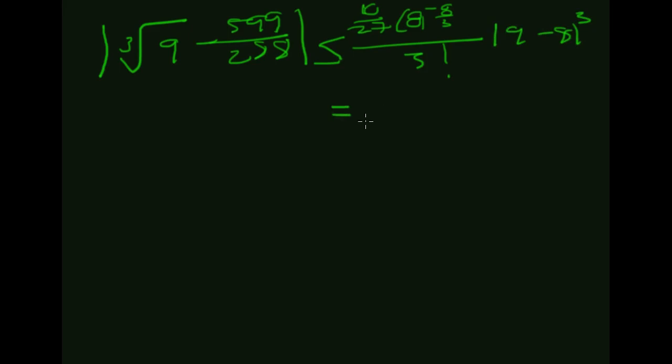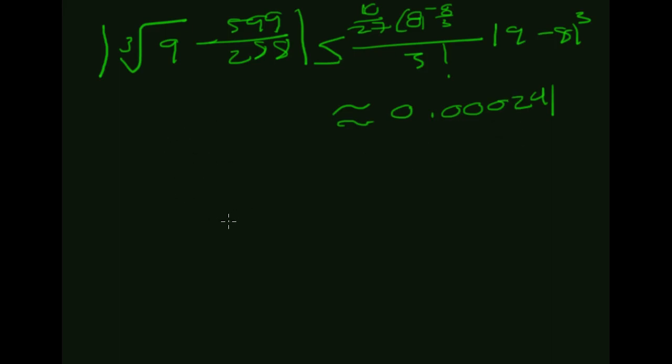We're not going to get a fraction out of it, but this is approximately 0.000241. That's really kind of cool. I've got at least 3 decimal places of accuracy with only 3 terms from this Taylor polynomial.